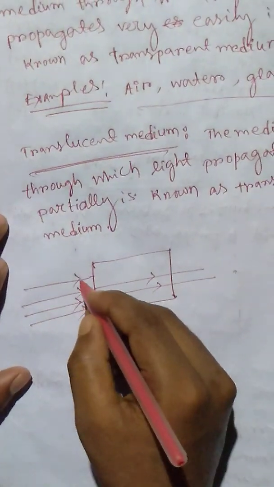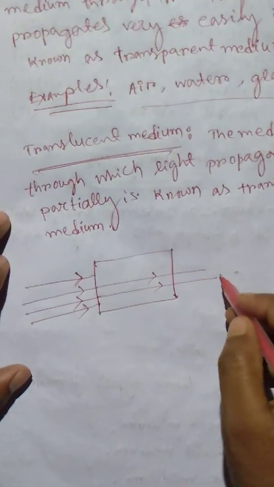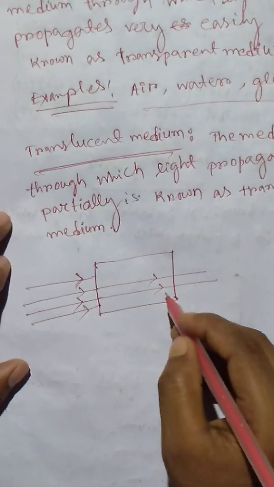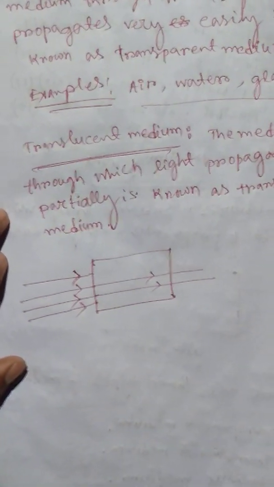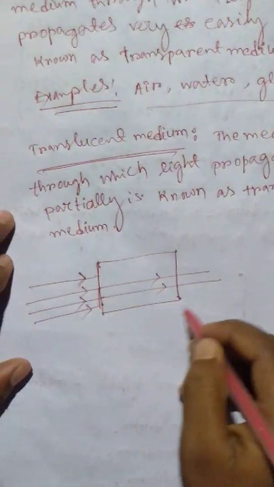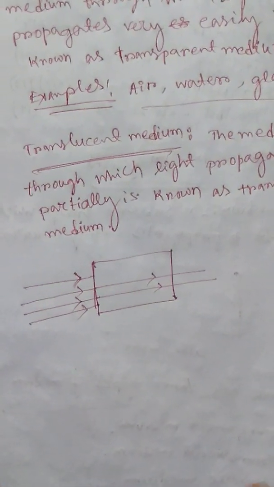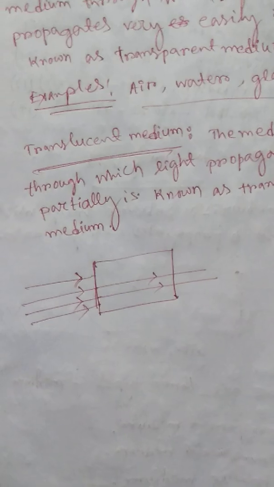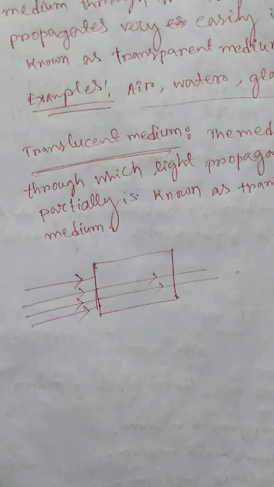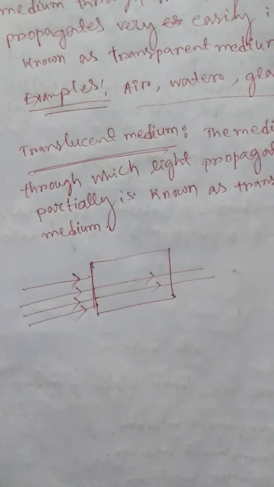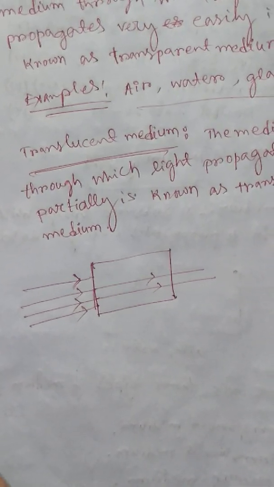So this medium allows the light rays to pass through it partially. Not all light rays pass through it, and this medium also does not resist the light rays completely. It allows the light rays, but partially.